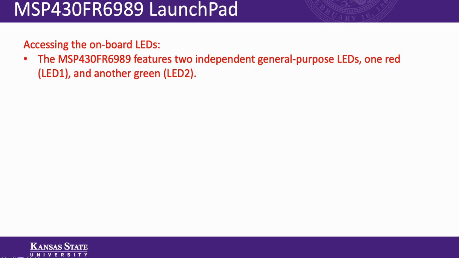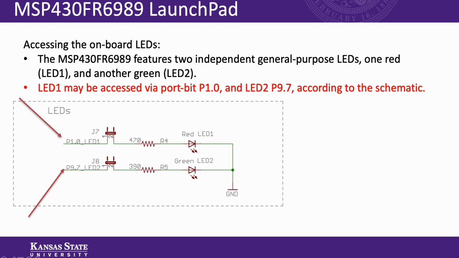The red LED is written as LED1 on the board and in the documentation. The green LED is written as LED2. This labeling here can be seen on the schematic. Notice above the LEDs, which are the triangle-looking things to the right of the figure, the labels red LED1 and green LED2.